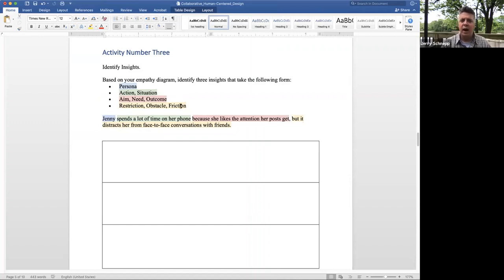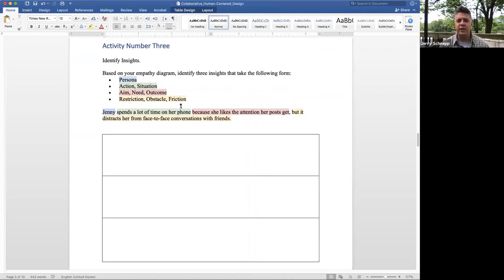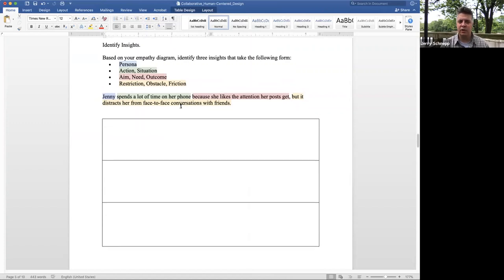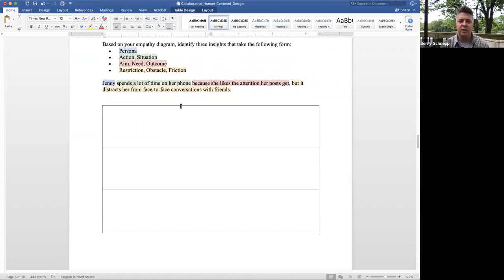I want you to find, based on your conversation and based on the empathy diagram, that these insights emerge. And I just want to ask that you put them into this format where you've got the person's name, the persona, what they do, what their goal is, or their need, or what their outcome is, and then the restriction that prevents them from doing it.